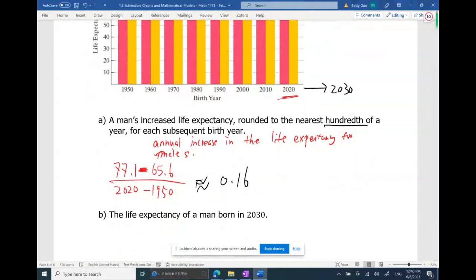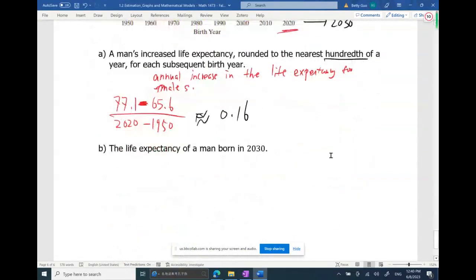Means what? Means if the trend continues, every year we have a 0.16 year increase in the life expectancy in male, right? From 2020 to 2030, that is how many years? That is 10 years, right? Then we can estimate that from 2020 to 2030, the increased life expectancy in male would be 1.6.